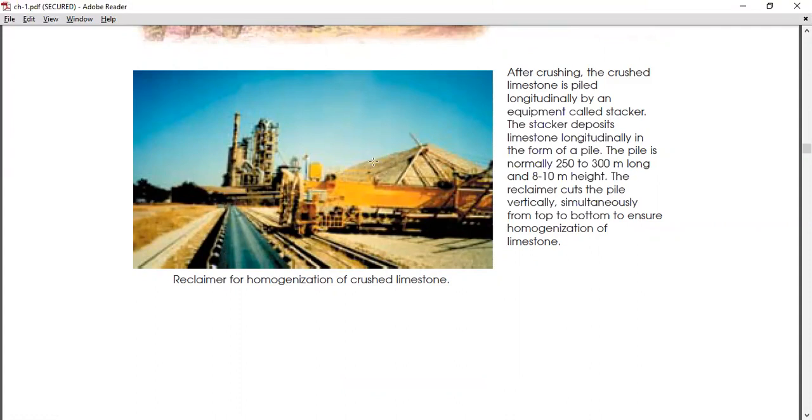The material shown in this diagram is limestone.